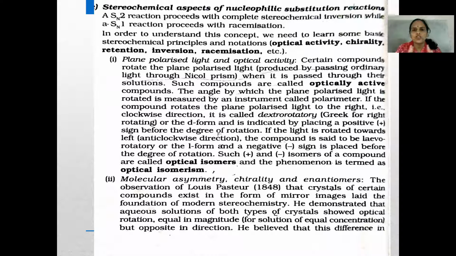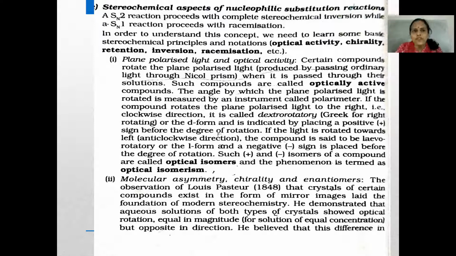Stereochemistry is the three-dimensional arrangement of molecules in space, and you should understand some concepts related to stereochemical principles, and they are optical activity, chirality, retention, inversion, racemization, etc. You should be very clear with these terms.